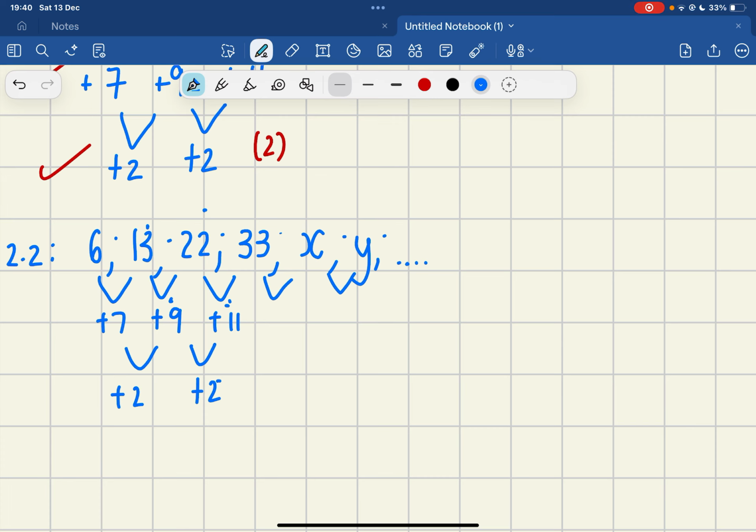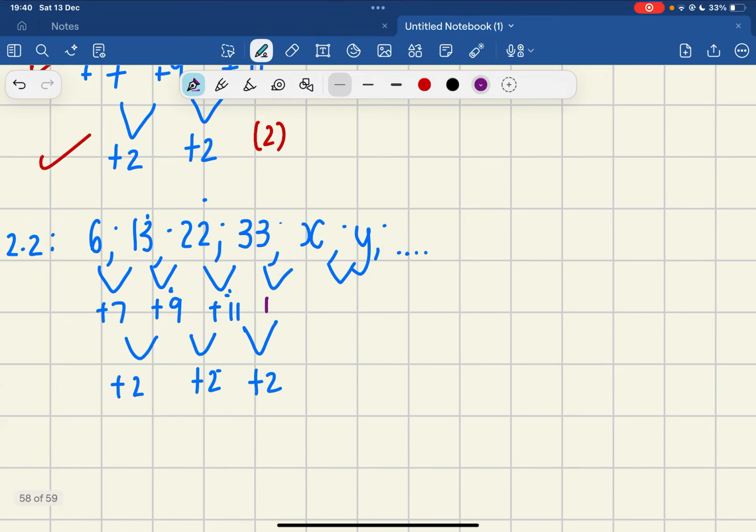So we're going to add 2 to 11. Let me use a different color pen so that you're able to see what I'm talking about. We add 2 to 11, we get 13, right? Then 13 plus 33 gives me 46.